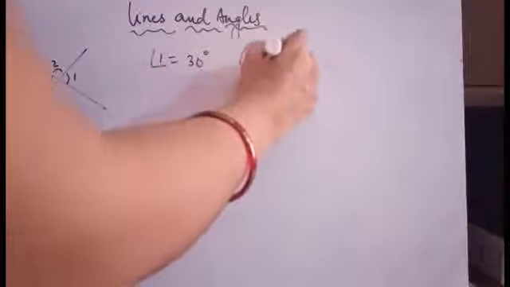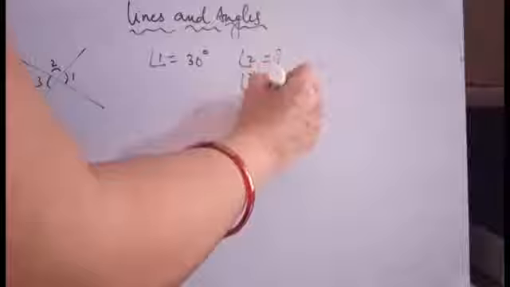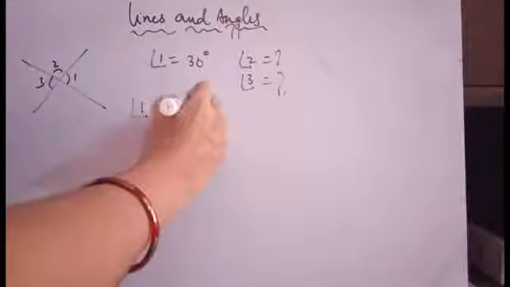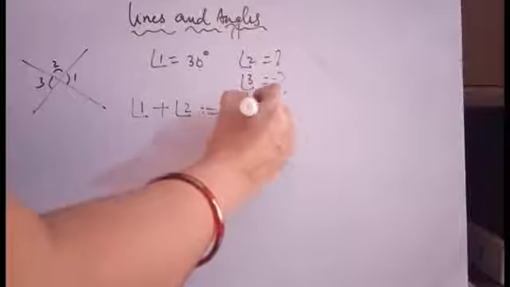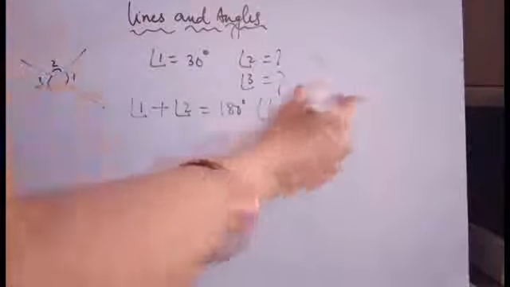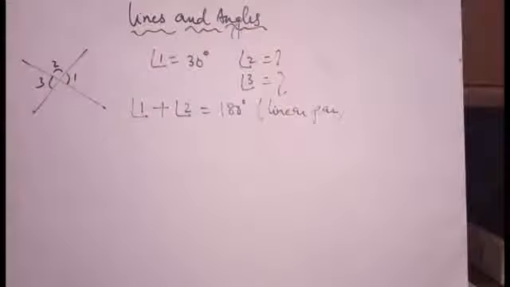Now we will be taking a question. This is the sum where the angles are 1, 2 and 3. Angle 1 is equal to 30 degrees. You have to find out 2 and 3. So angle 1 plus angle 2 is equal to 180 degrees. It forms a linear pair, right?